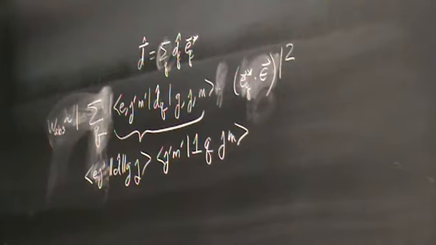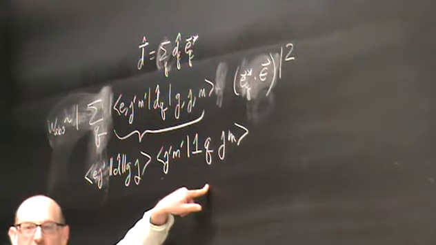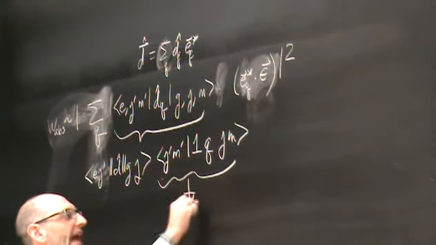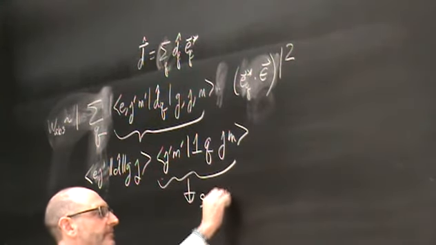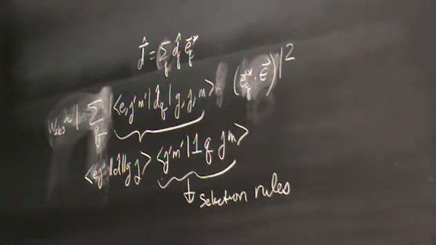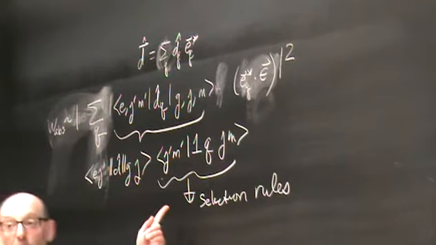So, what can we see from this? Well, one thing we see is that from this we have selection rules. This matrix element will vanish unless the following is true.